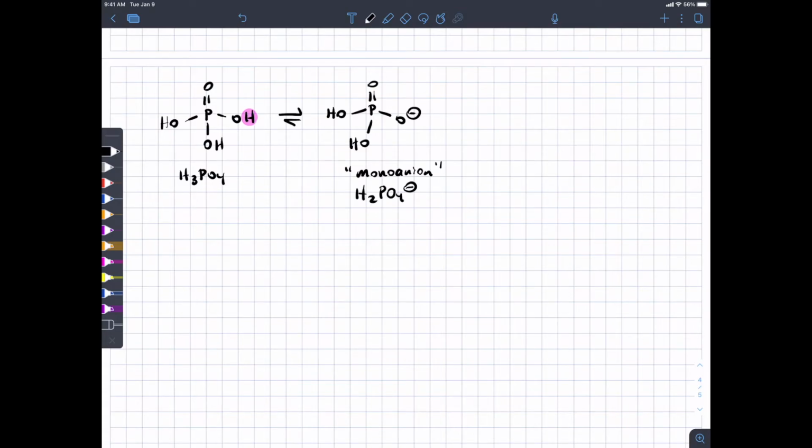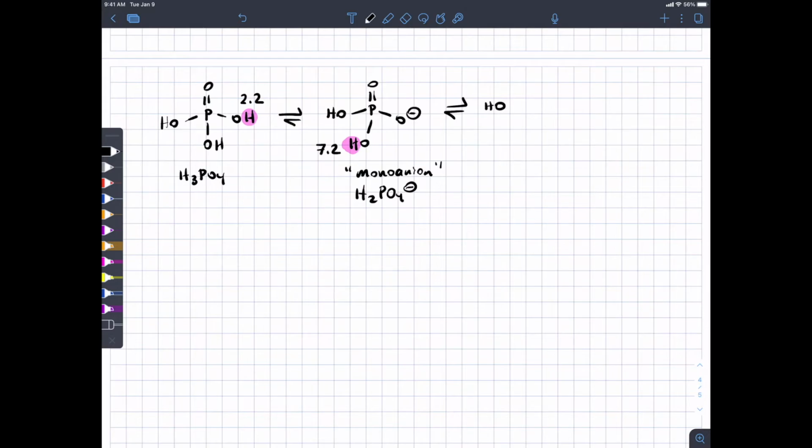Once you already have a negative charge, the pKa of these two protons increases. It gets harder to remove, to go from having one negative charge to two, because the negative charges repel each other. And this is why the pKa of the first proton to come off is around 2.2, but the next proton to come off has a pKa of 7.2.